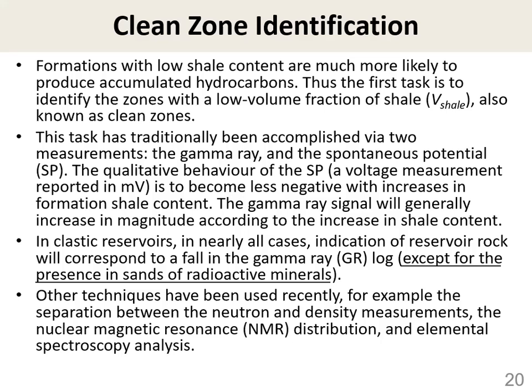And these are sands which have some high radioactive minerals. So anytime you have these radioactive sands with radioactive minerals, other techniques need to come to bear. One is the separation between the neutron and density measurements and NMR distribution, if it's available, and then some elemental spectroscopy analysis.